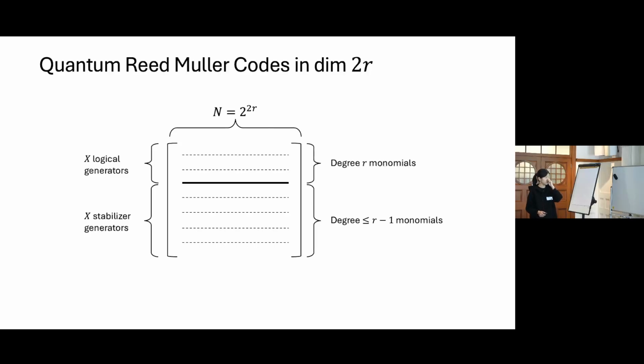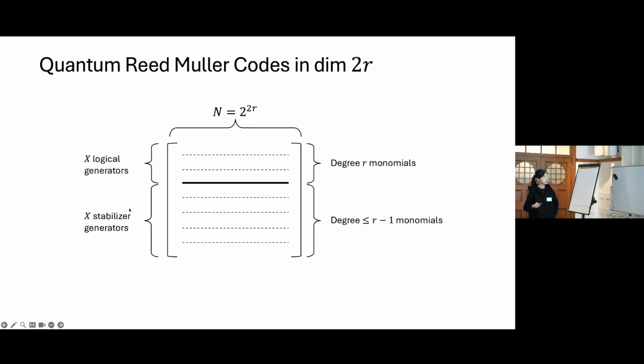As I've mentioned before, this phantom QRM code was obtained from this high-rate family, which is defined as follows. I take the hypercube in dimension 2R, so the code length will be this. For the X logical generators, I define them as degree equals R monomials.